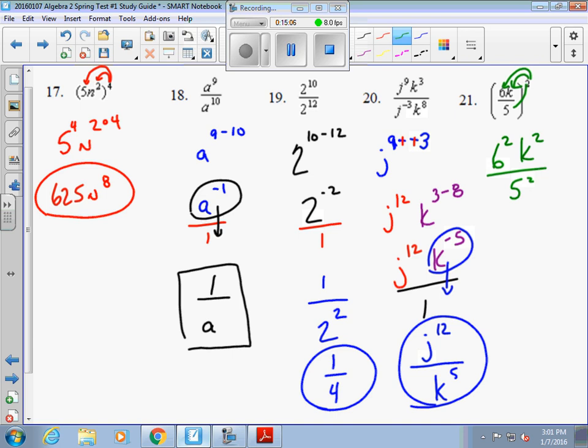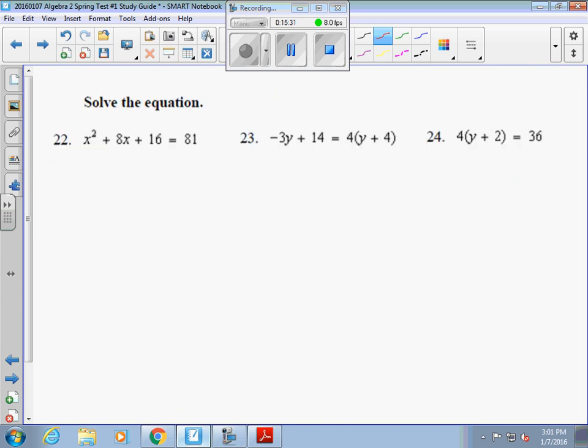So 6 squared means 6 times 6, which is 36, times k squared, over 5 squared, which means 5 times 5, which is 25. The only thing you would need to do at this point is if 36 and 25 shared a factor, meaning you could reduce them with one of their factors, you would do so. But since they don't, this is our simplified version: 36k squared over 25.